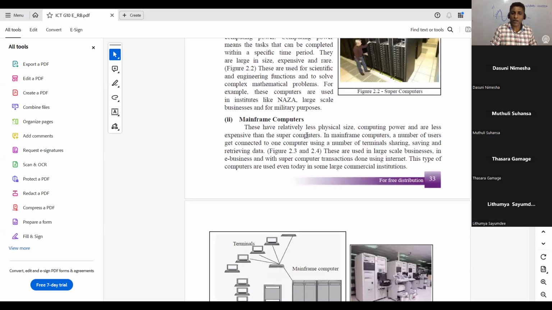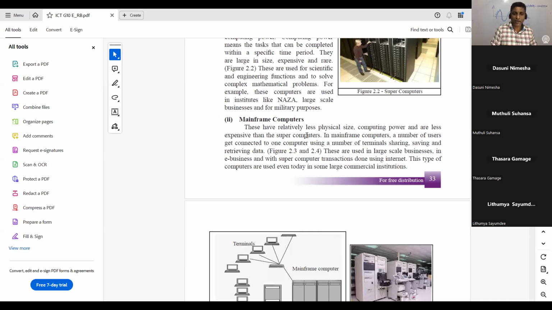Mainframe computers, those are comparatively smaller than supercomputers, take less power, and are available. Maybe in Sri Lanka also you can find mainframe computers, but supercomputers I haven't heard of, right?